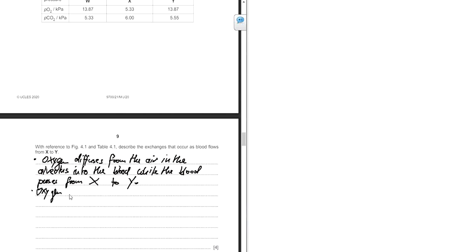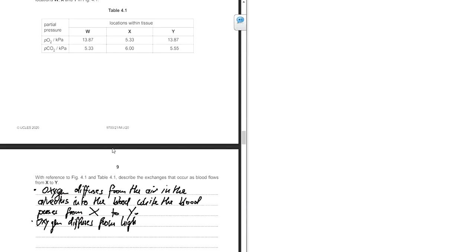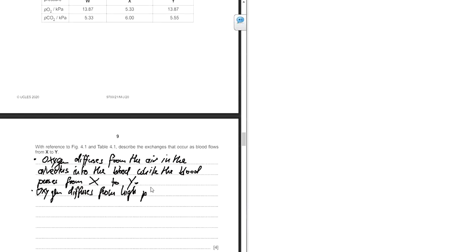Oxygen diffuses from high partial pressure of oxygen, high PO2, to low PO2, W to X. Now we can actually state a couple of values here.